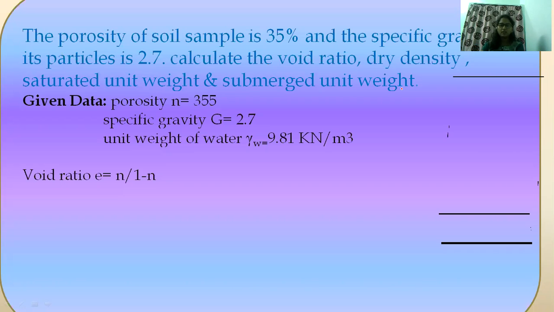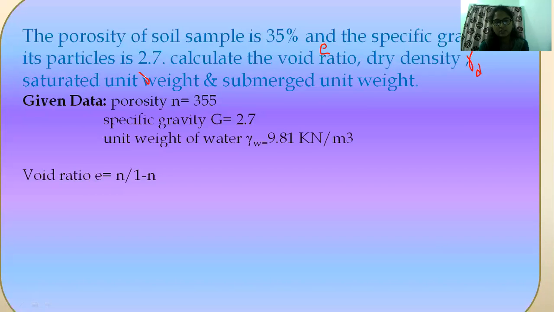Here we determine void ratio e, dry unit weight gamma d, saturated unit weight gamma sat and submerged unit weight gamma dash, or gamma submerged. These we can find from the given data.